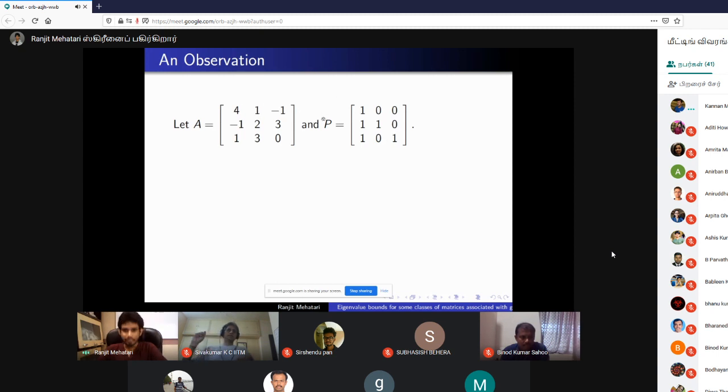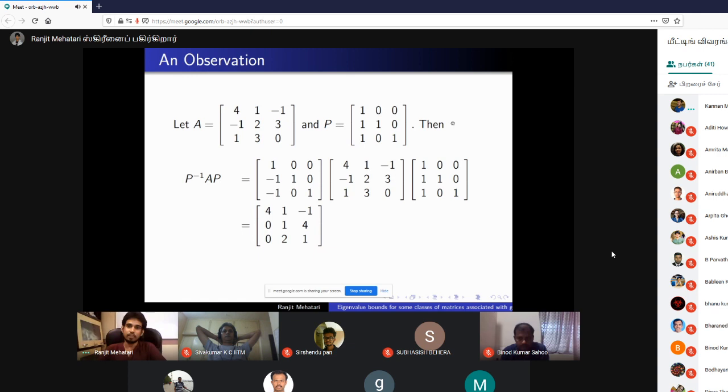In that case, we take P to be the matrix whose first column is the all one vector, second column the second standard basis element of R3, and third column the third standard basis element of R3. Again the matrix P is non-singular and its inverse is like that: 1, 0, 0, minus 1, 1, 0 and minus 1, 0, 1.